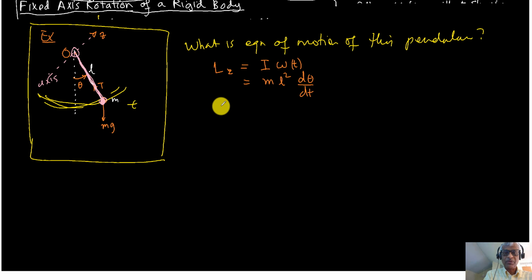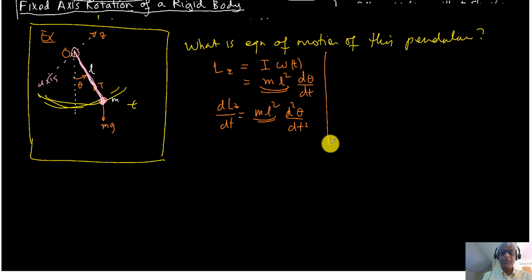And so dLz dt is going to be m L square d square theta dt square, since I is constant. So a problem of fixed axis rotation of rigid bodies is always going to turn out like this, which is a great simplification. So now we need dLz dt to be tau z external. On this body you have two external forces.